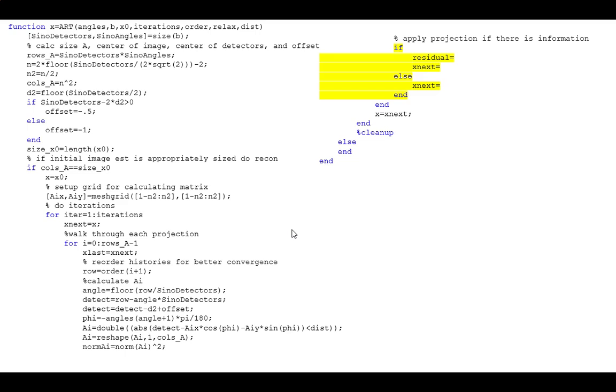Calculate your residual, that's your whole b thing, the b minus Ax. And then your next x is going to be that update: your previous x, minus the shift of lambda times your residuals in the direction of the new a.